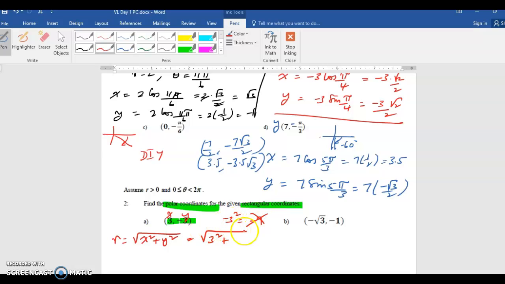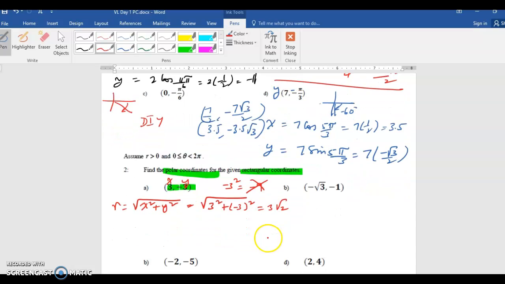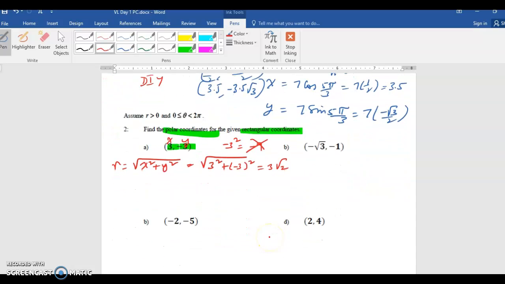When you are squaring the negative, you are squaring the negative also. So which means it's a positive 9, not a negative 9. So just FYI. So this comes to be 3 root 2, because 9 plus 9 is 2 times 9, 18. And so that 2 stays inside the root and the 9 comes out as a 3.